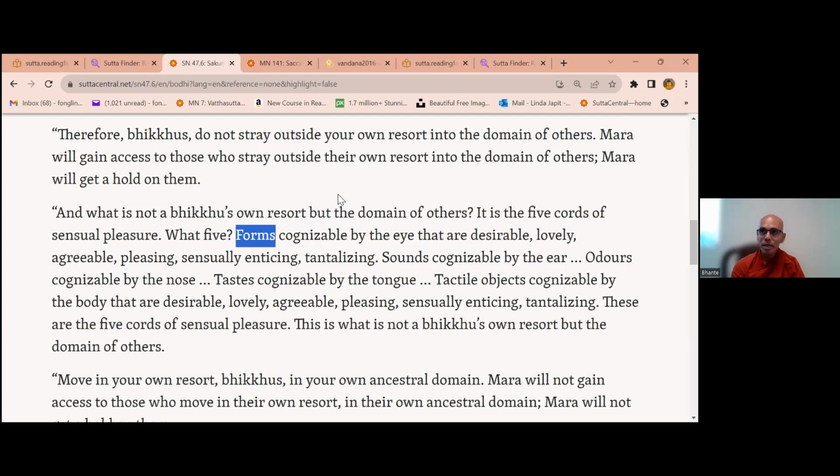But when someone meets this Dharma, they have this wonderful discourse. And they pay attention to the words, how the Buddha explained this. Oh, of course, yes. The things you see as desirable are the domain of others. That's why you suffer. That's why you experience suffering all the time. You're not satisfied.